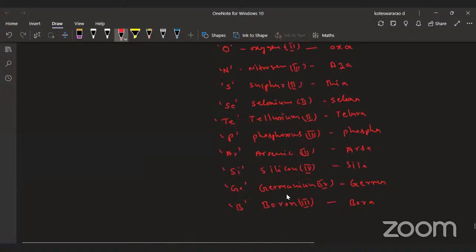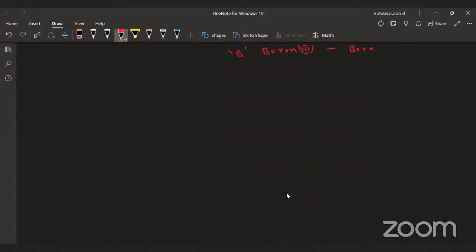Now coming to root words. The stem word or root word indicates the size of the ring.